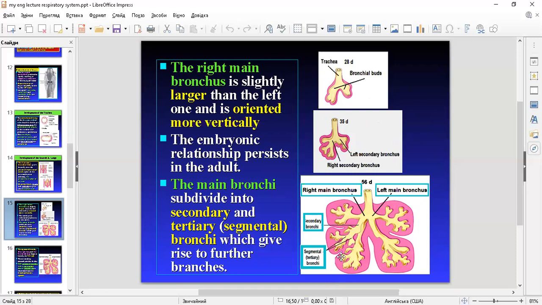The main bronchi subdivide into secondary and tertiary or segmental bronchi, which give rise to subsegmental bronchi.